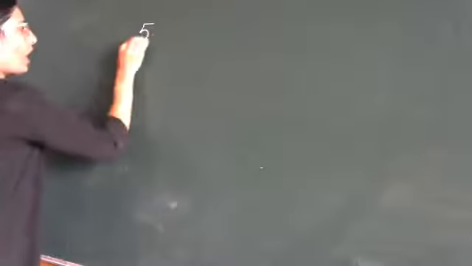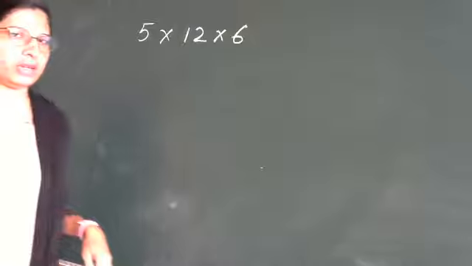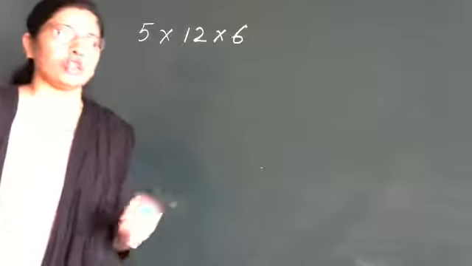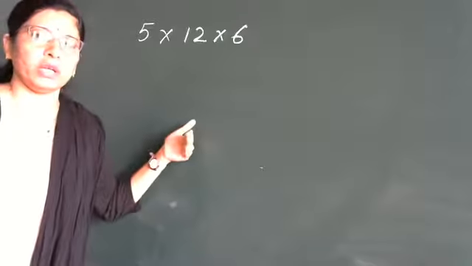Now some other properties also we can use in solving the examples. Now for example, here grouping property. Now 5 into 12 into 6. This one example is given. So three numbers are there. So we can use here grouping property, that is associative property.